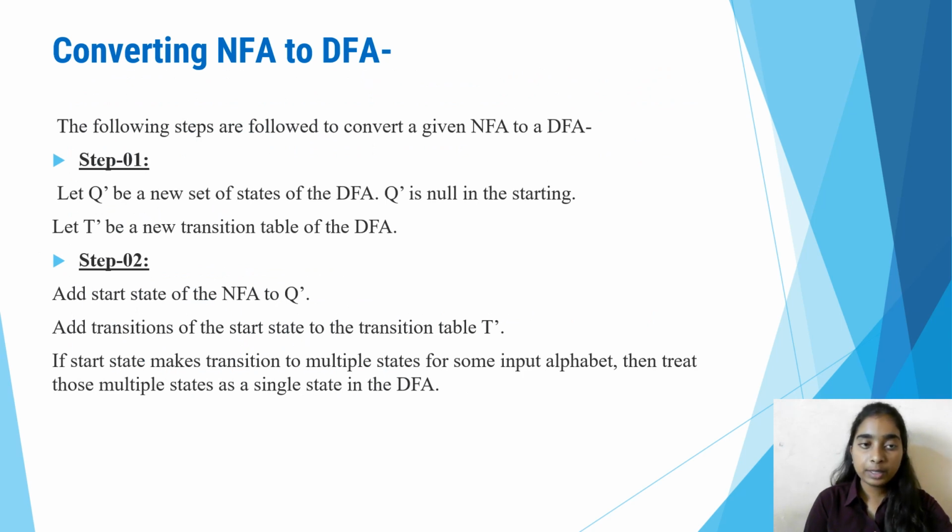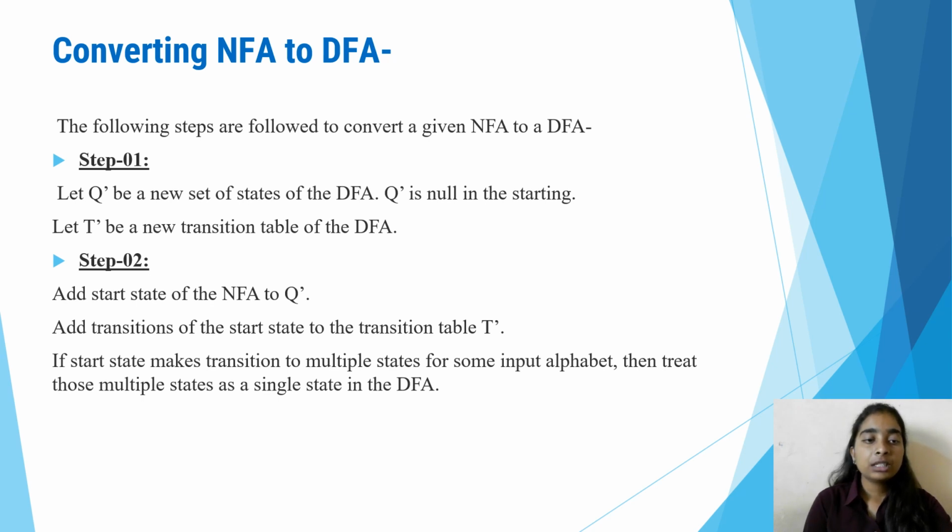Converting from NFA to DFA, the following steps are followed to convert a given NFA to a DFA. Step 1: Let Q' be a new set of states of the DFA, and Q' is null in the starting.